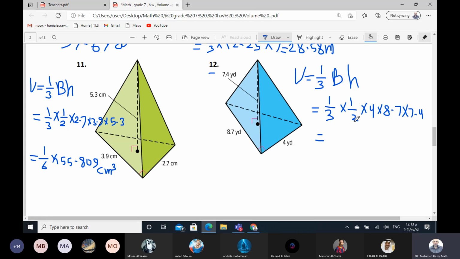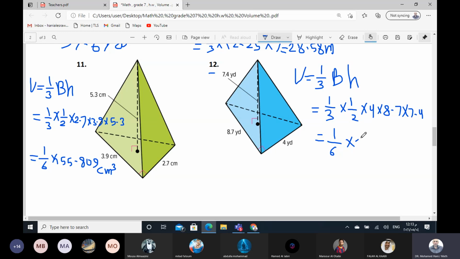So 1 over 3 times 1 over 2 will be 1 over 6 times, here we have 4 times 8.7 times 7.4.